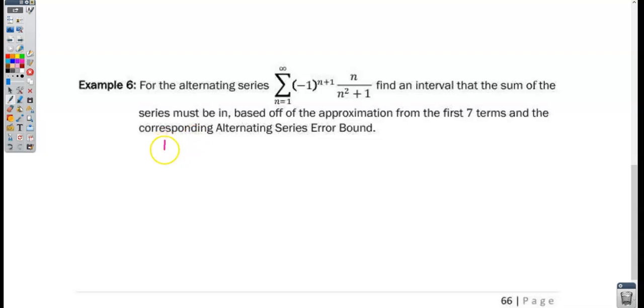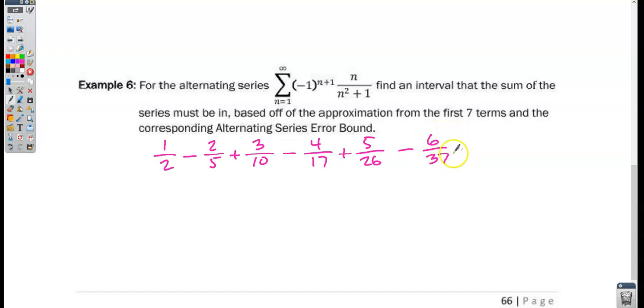The first term is 1 over 2, and the second term is going to be minus 2 over 5, and then plus 3 over 10, then minus 4 over 17, plus 5 over 26, minus 6 over 37, plus 7 over 50.